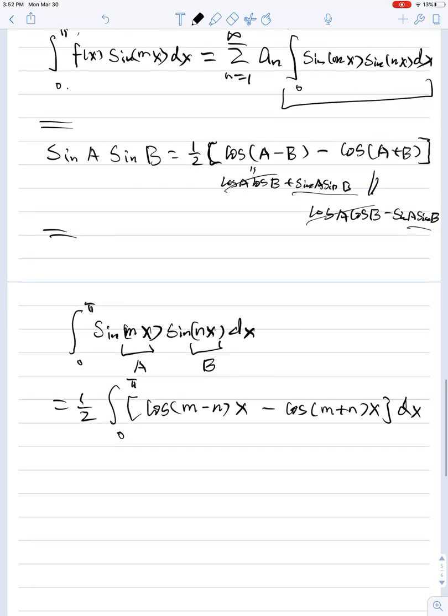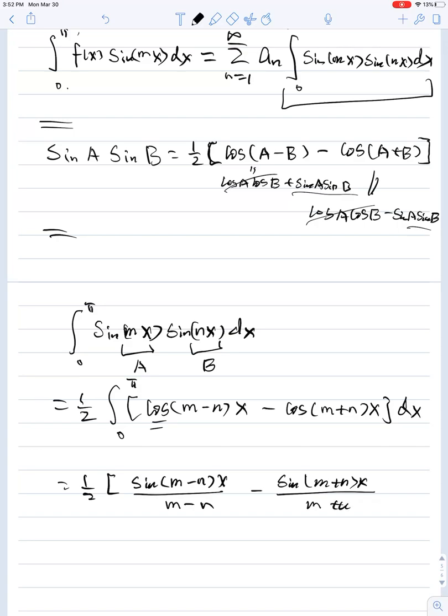Now, the antiderivative of cosine, of course, is sine. So we get sine (m minus n)x over (m minus n), minus sine (m plus n)x over (m plus n), with x from 0 to pi.